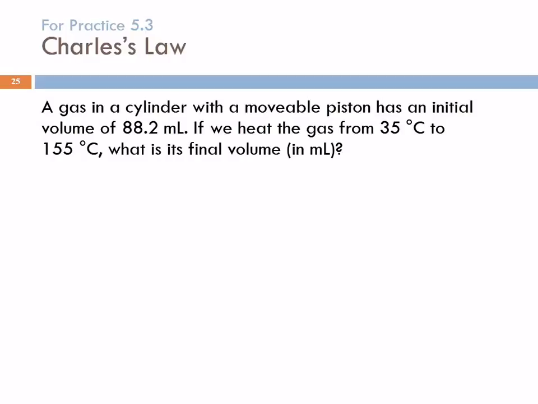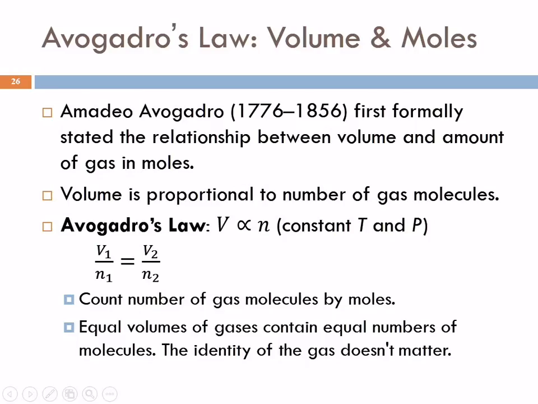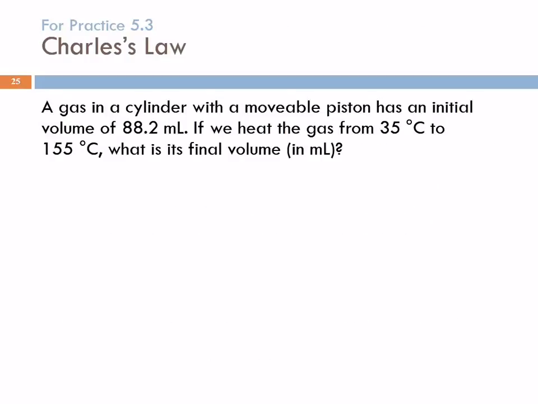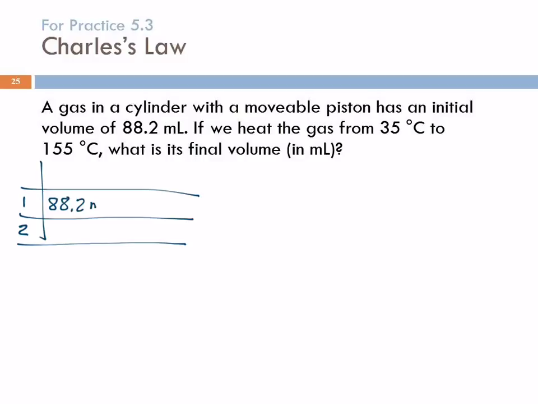So let's make a table and pull these numbers out and organize them. Let's choose the writing tool first. I'm going to have condition 1 and condition 2. First thing I come to is 88.2 milliliters. So we'll write that down.